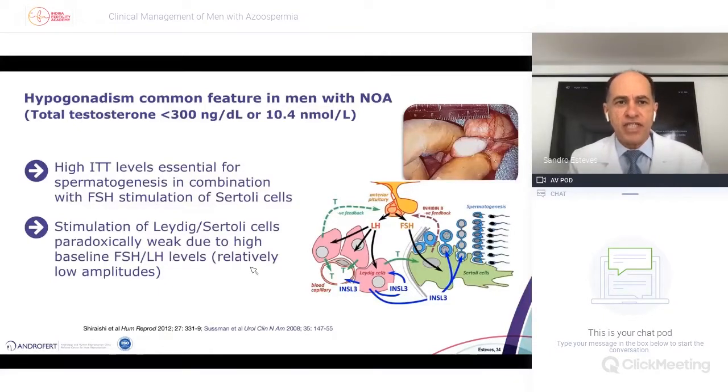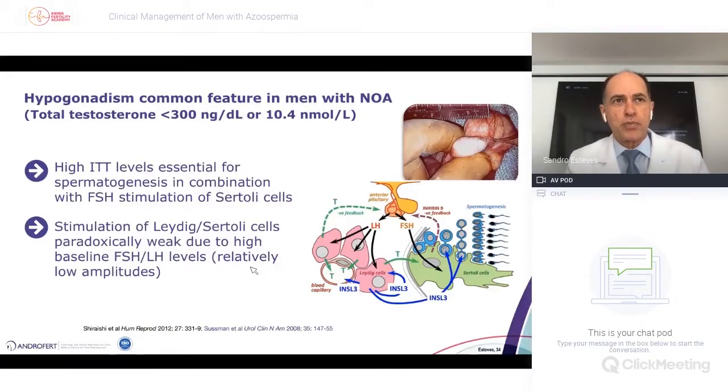But because of intrinsic testicular deficiency involving both the germ cells and the Leydig cells, the testosterone levels produced by the Leydig cells will be below normal. So in this case, you have an opportunity to stimulate the Leydig cells to make more testosterone. The rationale is that intratesticular testosterone levels are essential for spermatogenesis.